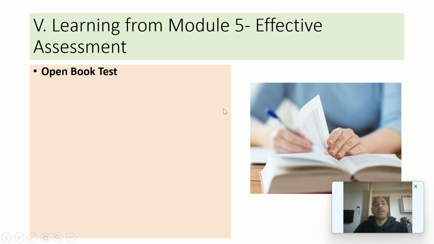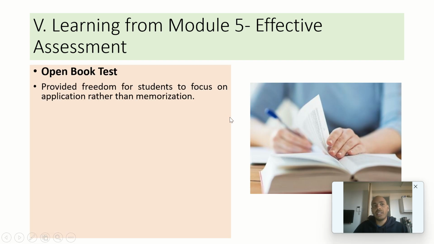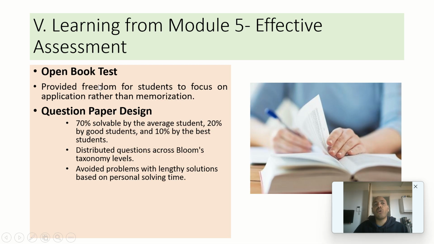Okay, next thing is you can always plan for an open book test, because you don't want students to simply mug up different concepts and come. They should always be able to use the concepts and apply them. And regarding the question paper design, 70% should be such that the average student should be able to solve it, 20% good, and 10% should be really difficult, which only the best students can solve.